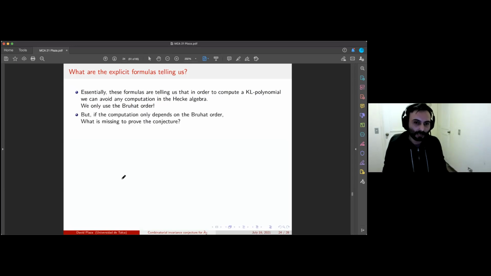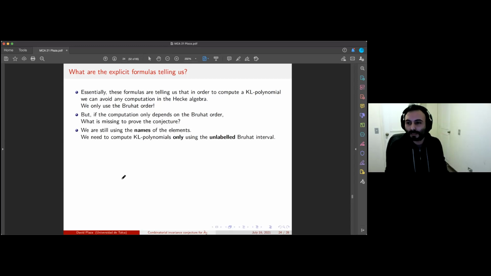the Bruhat order. So what is missing to prove the conjecture? We have reduced the computation only to a Bruhat order problem, but the problem with this way to compute Kazhdan-Lusztig polynomials is that we are still using the names of the elements. So when we computed an example in the previous slide, we said θ21, θ10, θ32, or whatever.